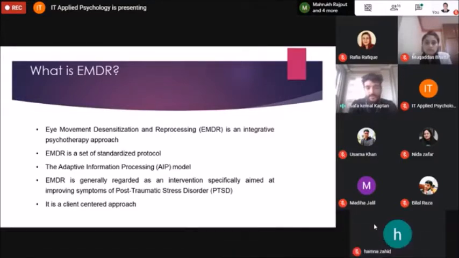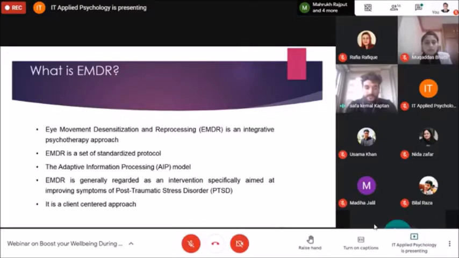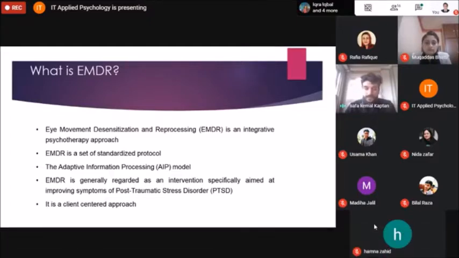EMDR was originally designed to address experience-based stress. What I mean by that is the stress or the mental health difficulties that we experience because of exposure to a traumatic event or painful memories, painful experiences. But today, EMDR is generally considered an intervention that aims to improve PTSD itself.